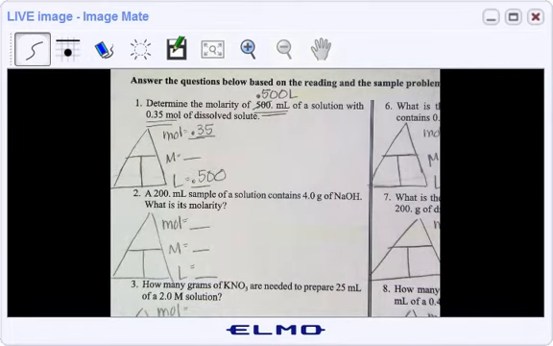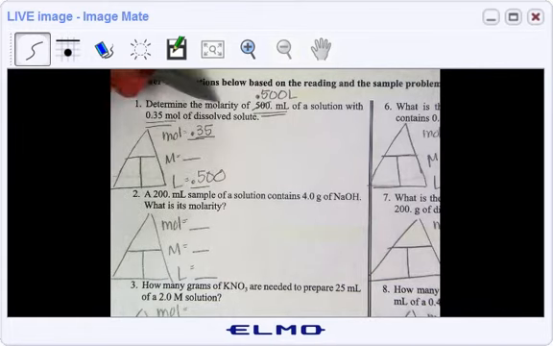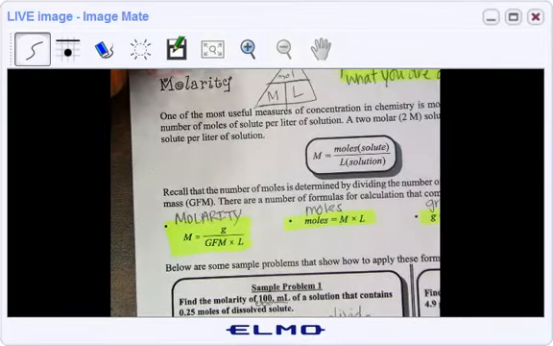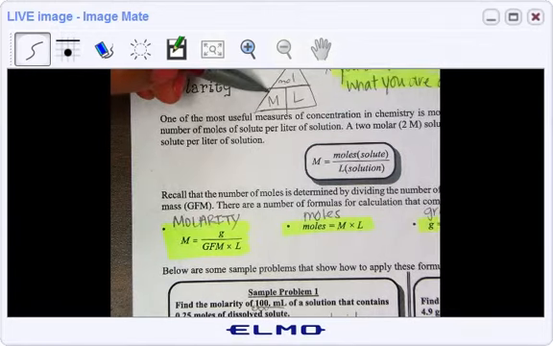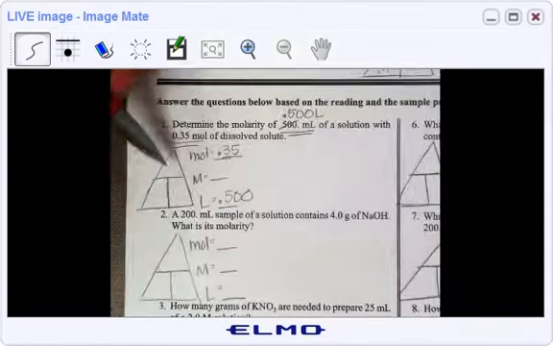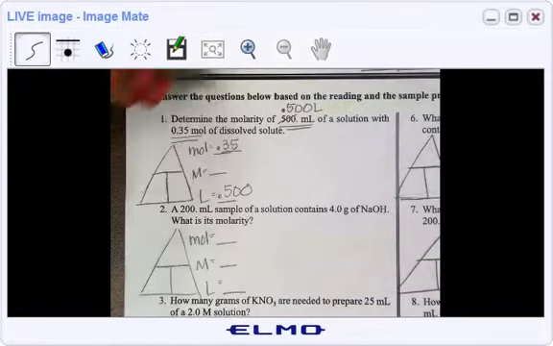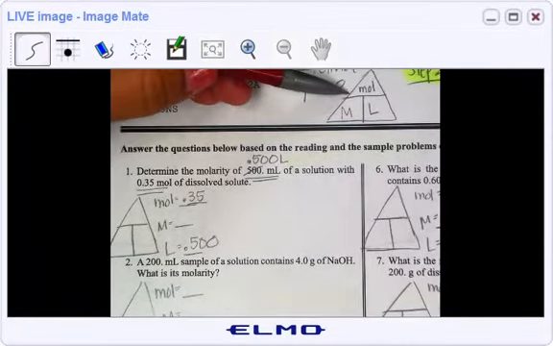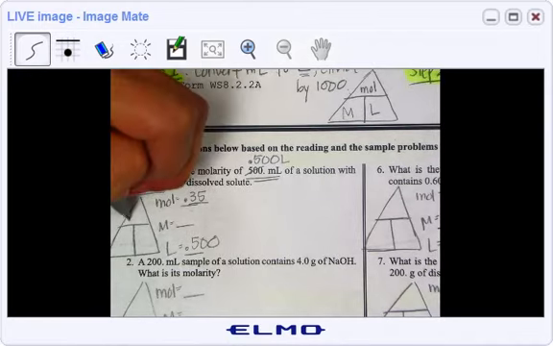Now I'm going to figure out what they're asking me. It says determine the molarity. So I can go back to the front and use the triangle. Okay? So fill in the data for the triangle. Mole goes on top. I wrote it for you up here. See how the mole's on top there? So you can put 0.35 on the top.